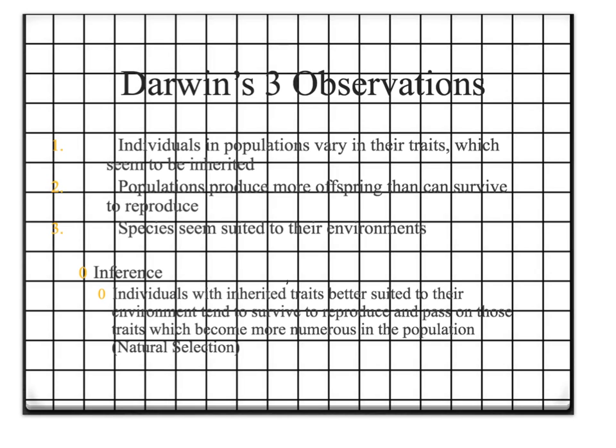And these 3 observations caused him to wonder. From those 3 observations, he made something that's called an inference. So he inferred, or looked at and made a really good, justified reason for why this happened. And he said individuals that have inherited traits that are more suited to their environment are going to survive because they're suited to their environment.